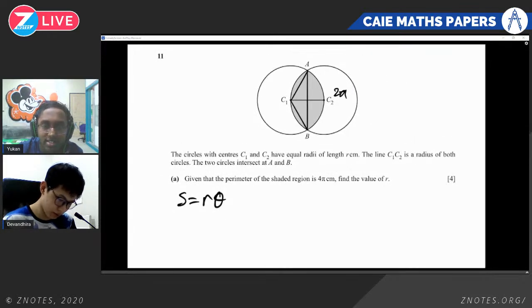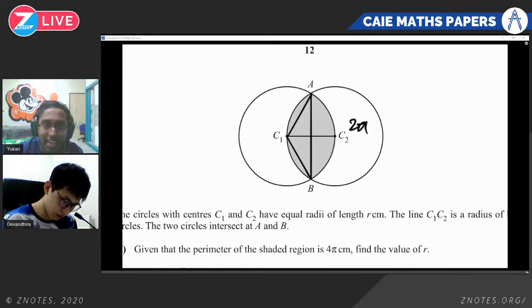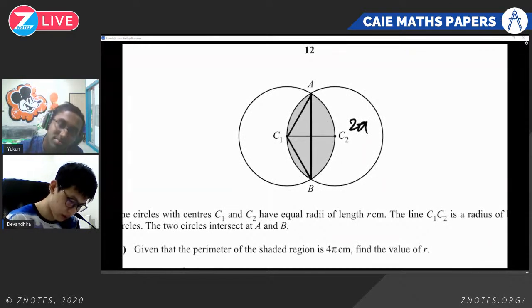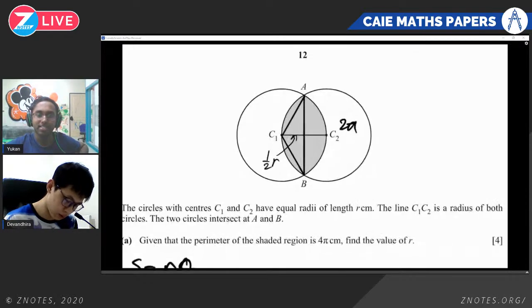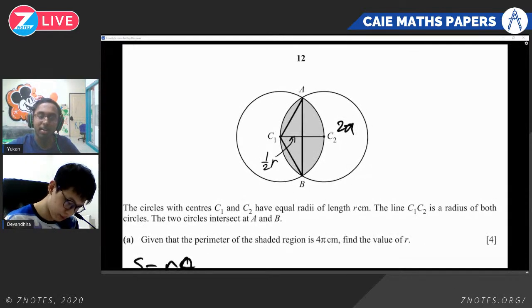We can try to find it because we look at the triangle from C1 to the intersection point to A. The halfway point between C1 and C2 is half of r, and C1 to its point A, because that's another point on the circle, is just r.